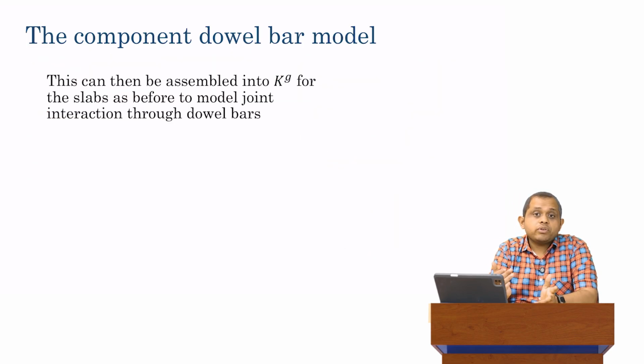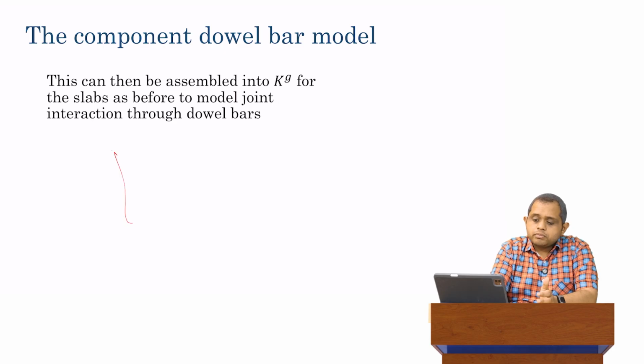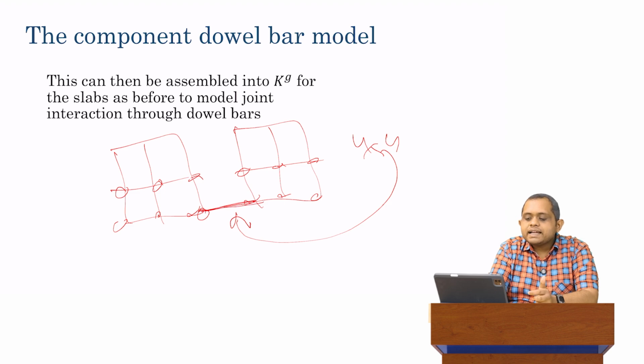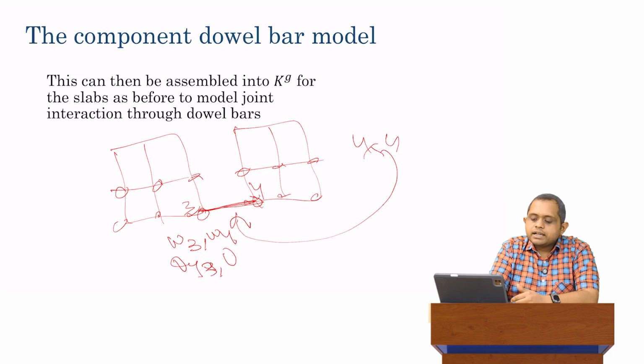Now we already have our slab. Going back to the original problem, now we have our slab. Our slabs were divided into several parts, and therefore we had several nodes. And we knew that between the nodes, we had to connect it using something. And now we have our 4 by 4 stiffness matrix for the component dowel bar model. We simply connect the corresponding degrees of freedom. So we still connect W, if this was 3 and this was 4, we still connect W3 and W4, and we connect theta Y3 and theta Y4.